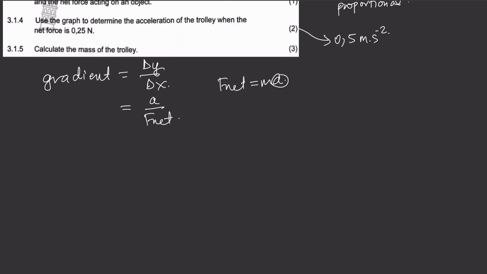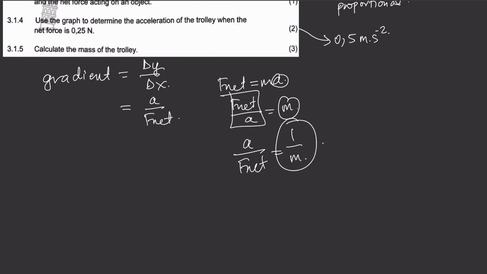So if I take a across, I'm going to get F net divided by a, that's equal to m. Now, if I look at this and this, the fraction is the other way around. We want a over F net. We don't want F net over a. So what we need to do is invert this. And if I invert it, I need to invert this. So that's going to be 1 over m. So in other words, the gradient gives me 1 over m.